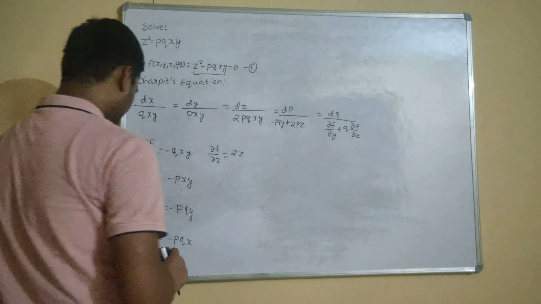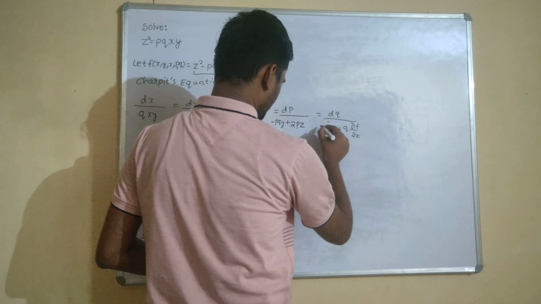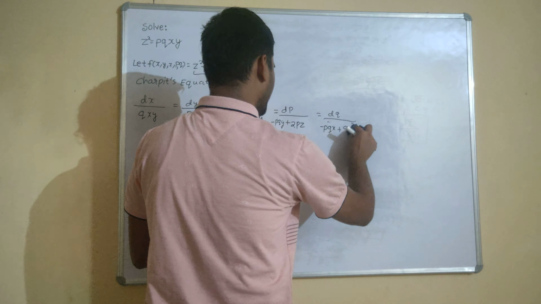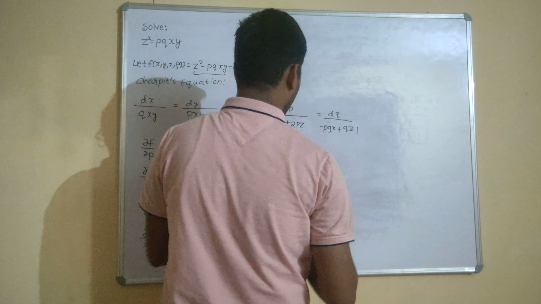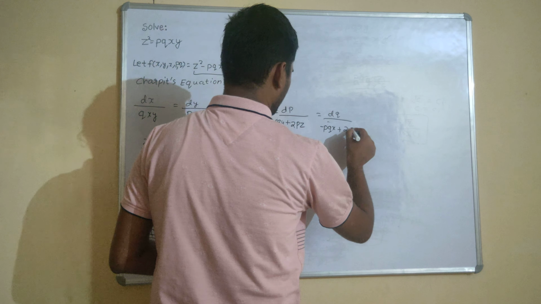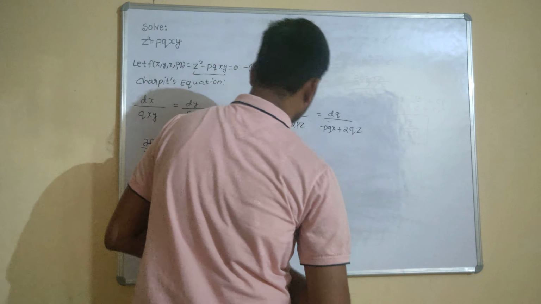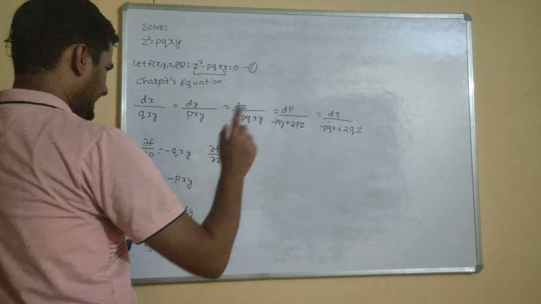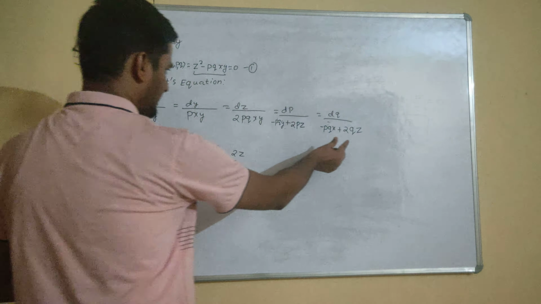Del f by del y is minus pqx, and q multiplied by del f by del z, which is 2z, so 2zq. Del f by del z multiplied by q.